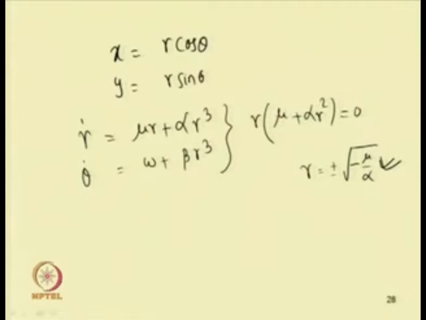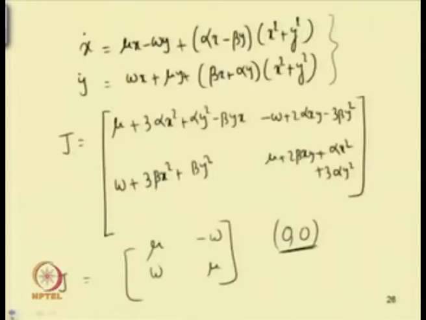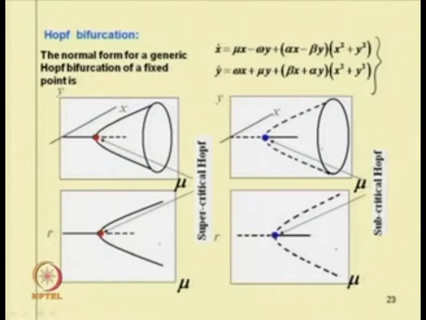So, now by finding the eigenvalue from this, one can plot this in the r-mu state space. In the r-mu state space, at this point, that is mu equal to 0, this becomes unstable, and at this point the system will have a response with frequency omega.